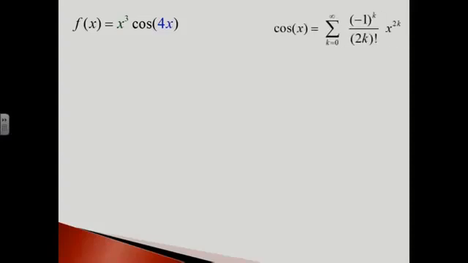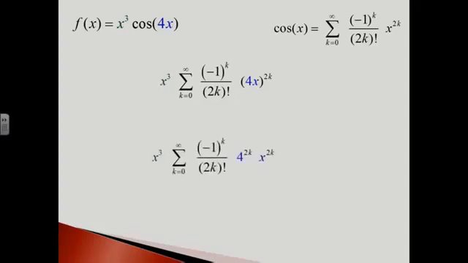We have found that cosine x equals sigma k from 0 to infinity of minus 1 to the power of k divided by (2k) factorial multiplied by x to the power of 2k. Therefore, by replacing x by 4x, we obtain x cubed multiplied by sigma k from 0 to infinity of minus 1 to the power of k divided by (2k) factorial multiplied by (4x) to the power of 2k.